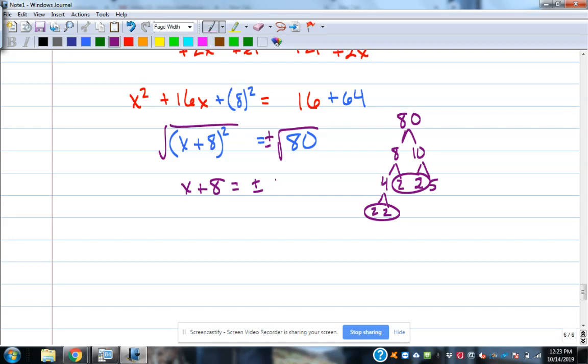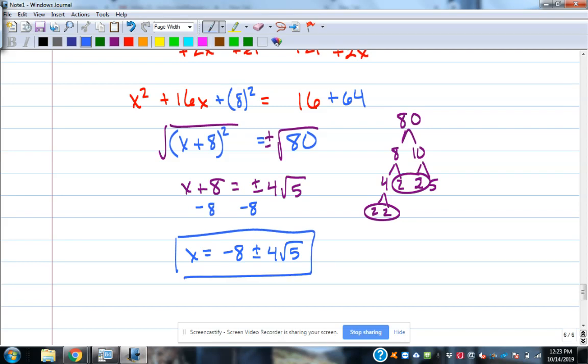So that's going to be plus or minus 4 square root of 5. And can I combine that if I move the 8? No, they're not like terms. So I don't have to split this one into two separate equations. I can just move the 8 by subtraction. Get x equals negative 8 plus or minus 4 square root of 5. And leave your answer like that.